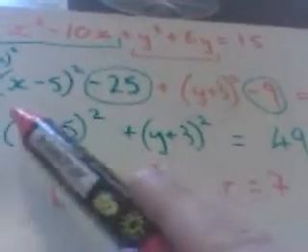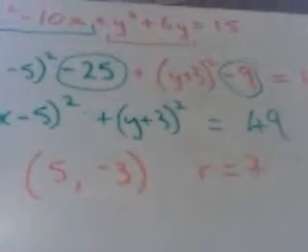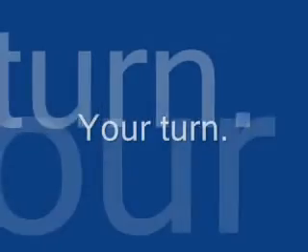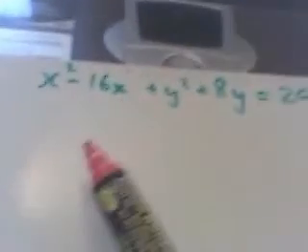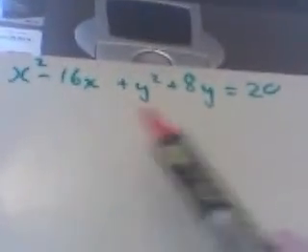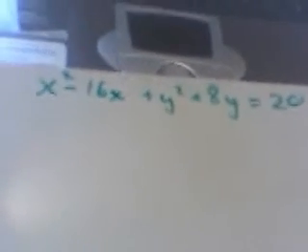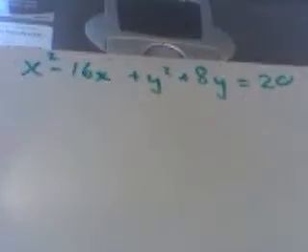So by completing the square on x and y, you can find out the centre and also the radius. So your turn. Given the equation x squared minus 16x plus y squared plus 8y equals 20, find the centre of the circle and the radius.